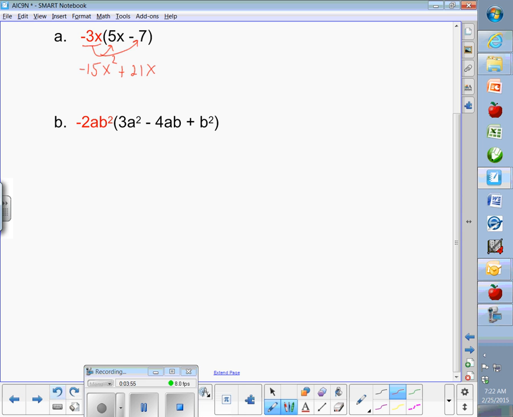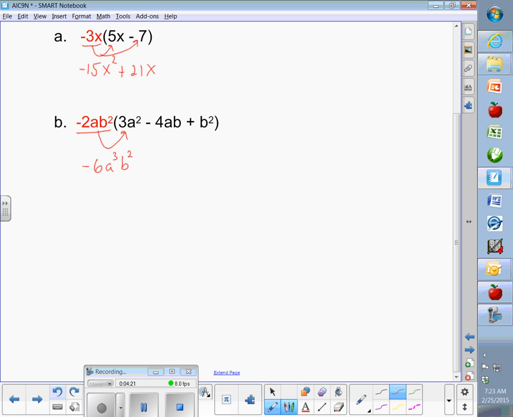So I'm taking this negative 2ab squared times my 3a squared. Negative 2 times 3, negative 6. A times a squared, a cubed, and you still have that b squared from the front. Negative 6a cubed b squared.